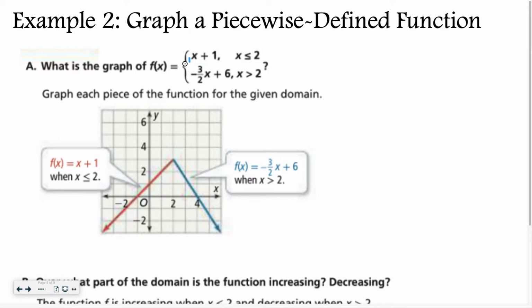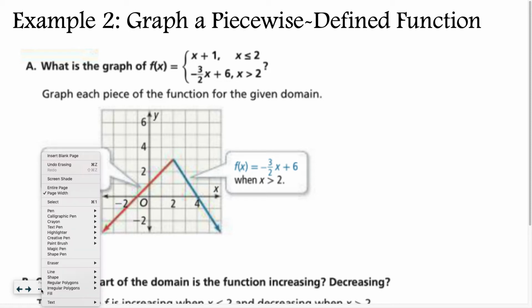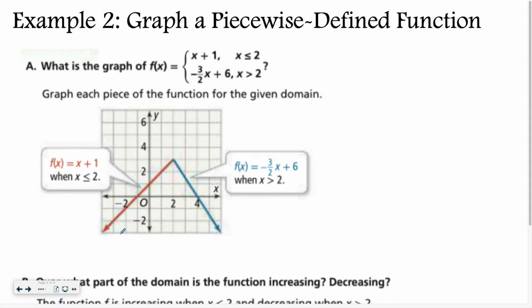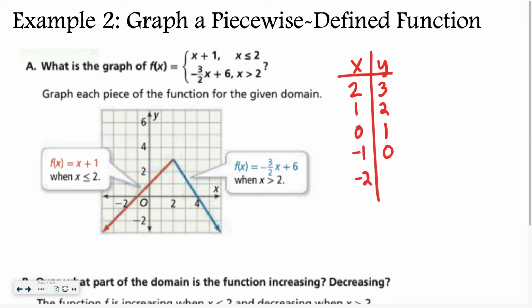If you want to make a table, x, y, x is less than or equal to 2, so 2, 1, 0, negative 1, negative 2. 2 plus 1 is 3, 1 plus 1 is 2, 0 plus 1 is 1, negative 1 plus 1 is 0, negative 2 plus 1 is negative 1. And if you were to plot those points, you would have this line right here.